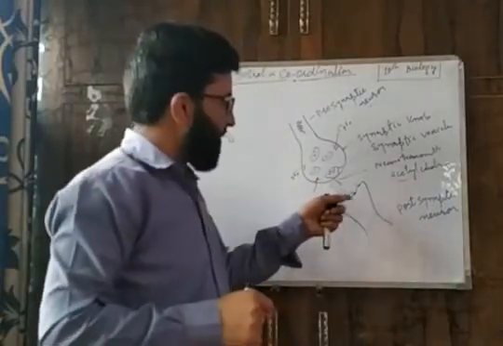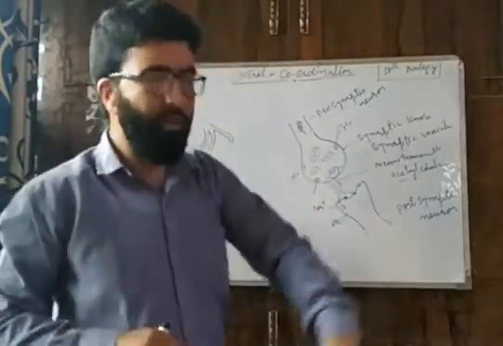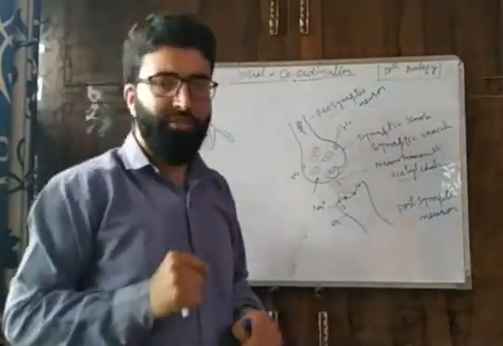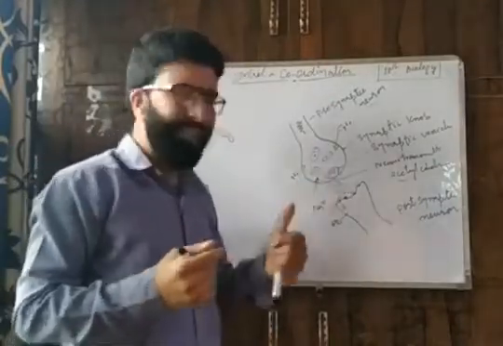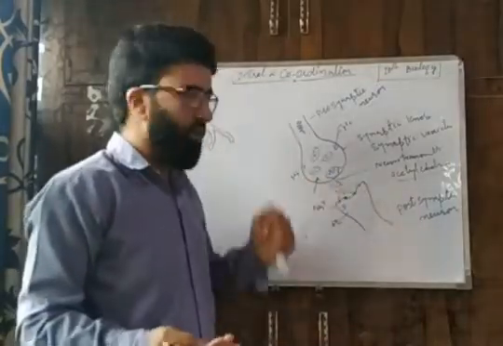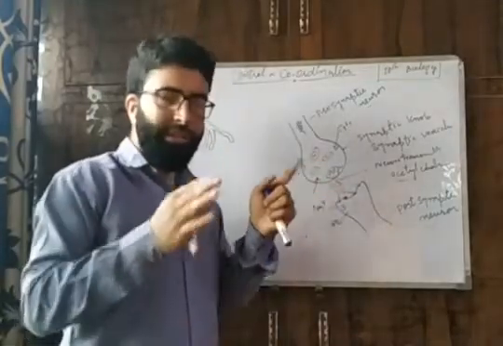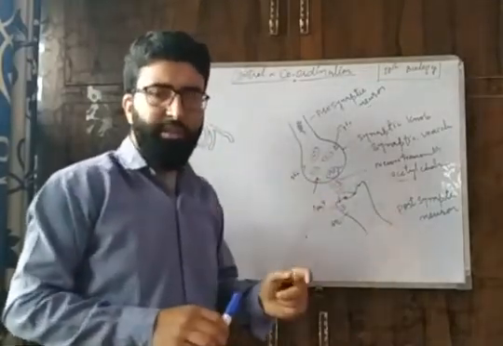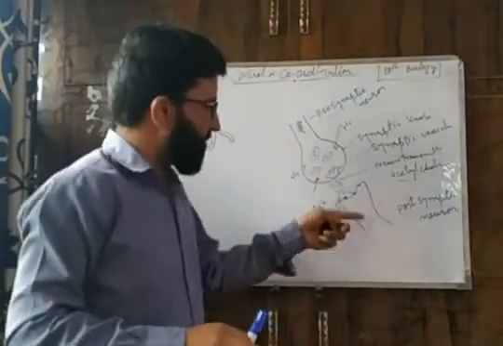From dendrites, the nerve impulse cannot go towards the axon, because these dendrites don't contain the synaptic knobs. They don't have the neurotransmitter. Then how can it be passed on from dendrite into the synaptic knob? The nerve impulse always passes from synaptic knobs to the dendrites.